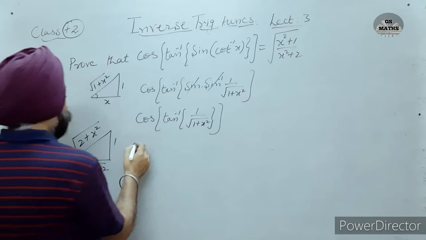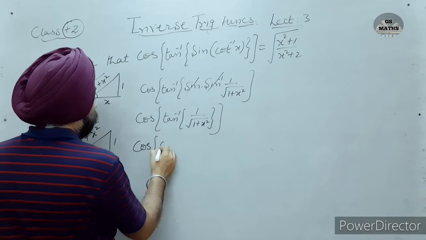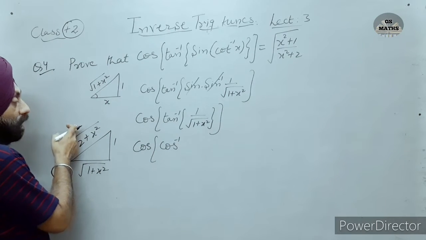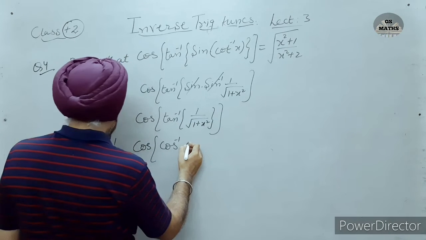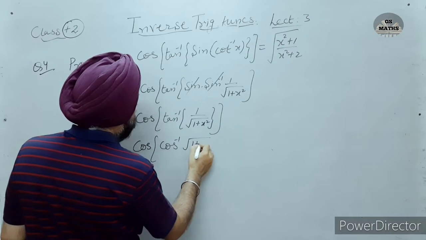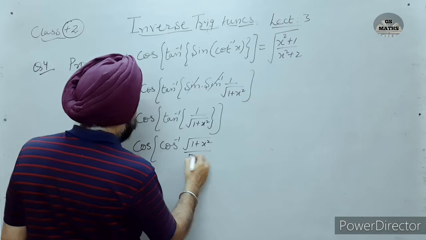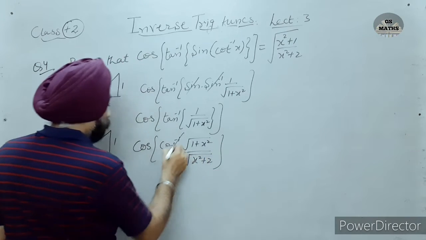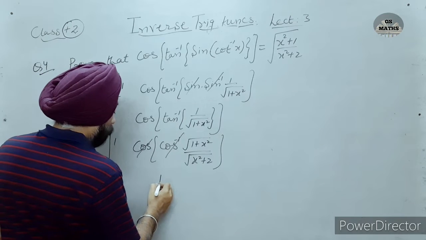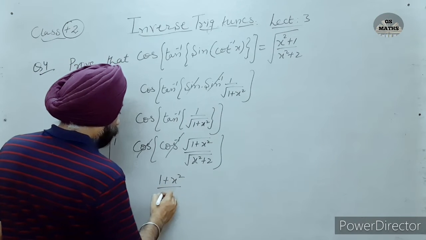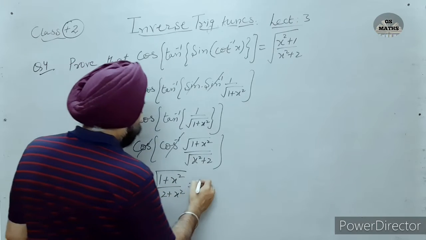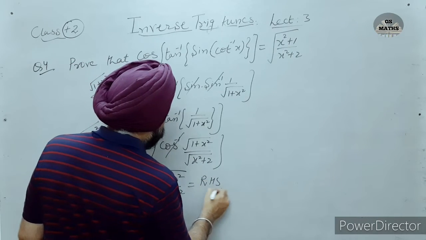Now change this into cos. This is cos inverse base upon hypotenuse. Base is under root 1 plus x square upon hypotenuse, that is under root x square plus 2. Cos inverse goes. I am left with under root 1 plus x square upon under root 2 plus x square, which is equal to your right hand side.